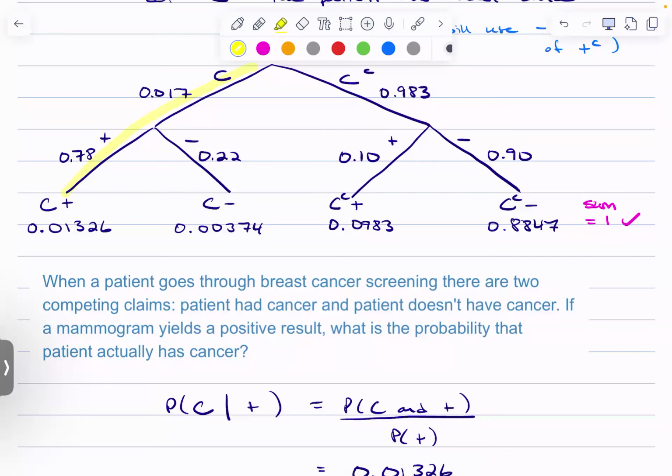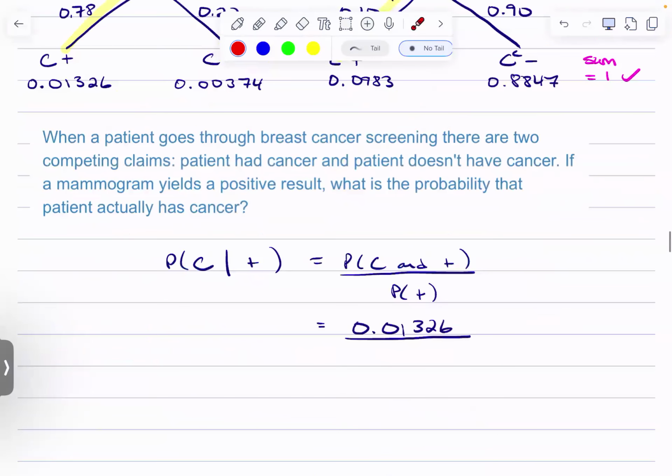You could come down the first branch, or you could not have cancer and still test positive, and that would also give you a positive result. So the probability of just testing positive is the probability of cancer and positive plus the probability of not cancer and positive.